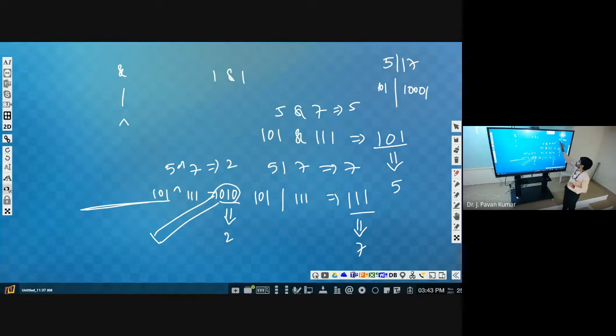Now we have to consider up to these many digits. 5 digits are there, 0 0 we can put. Now you can consider the OR operation. So we will be getting 1, then 0, then 1, 0, 1. 1 or 1 will be 1 only. So 1 0 1 0 1. What is the result?